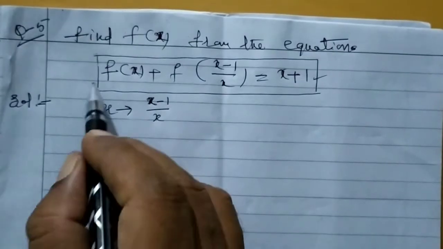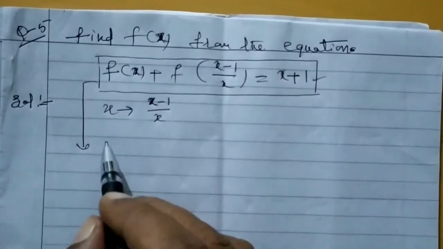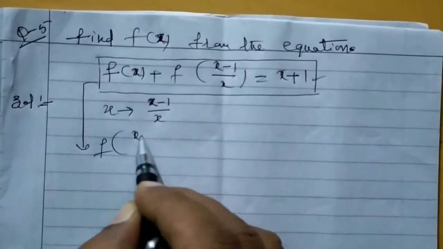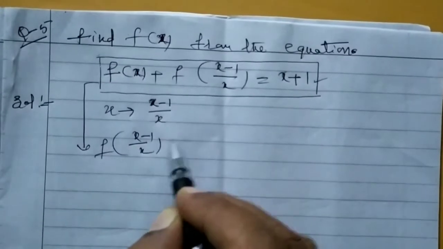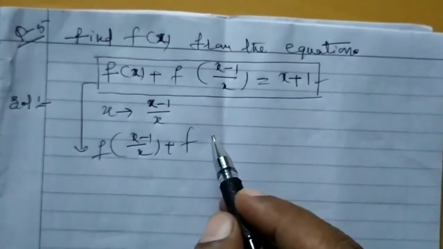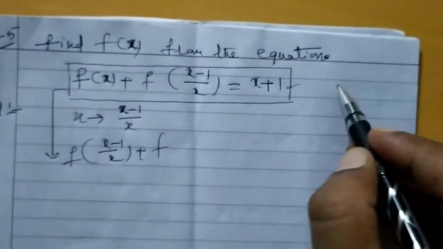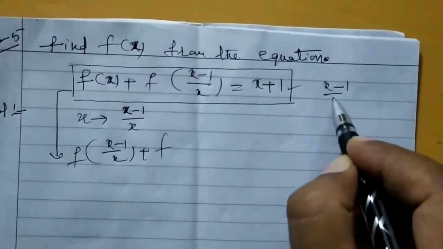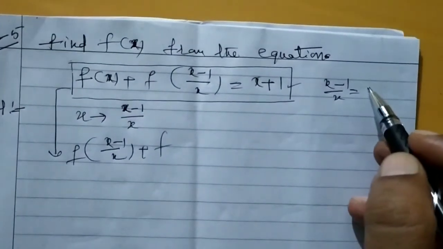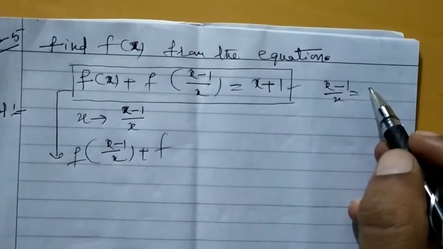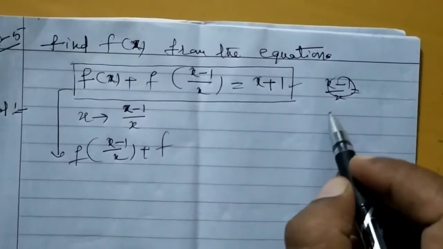So what we get from the given equation is f of x minus 1 by x plus f of, you replace x with x minus 1 by x.